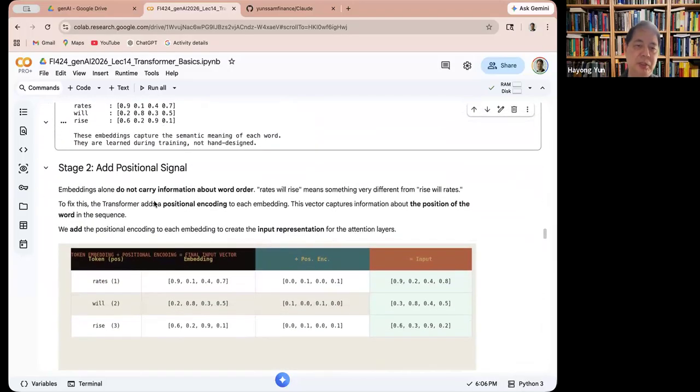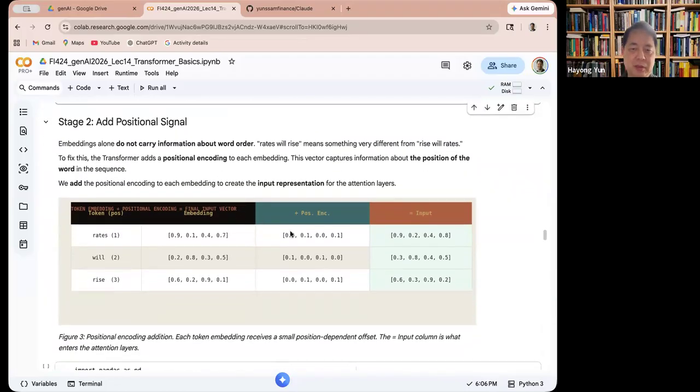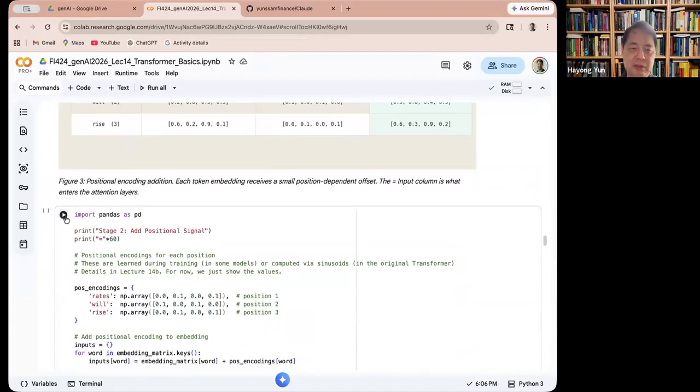And then we add the positional signal. The embeddings alone don't carry the word order. Rates will rise is very different from rise will rates or something like that, so the position is important. We'll have a different lecture about the detailed mechanism, but we basically have positions encoded, and the positions are then added to that.